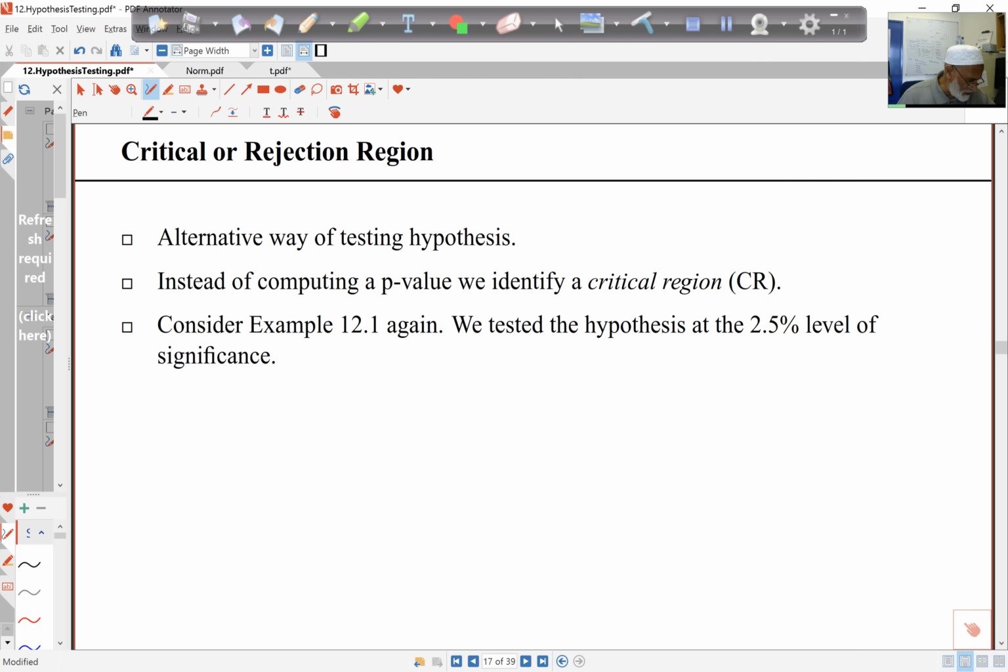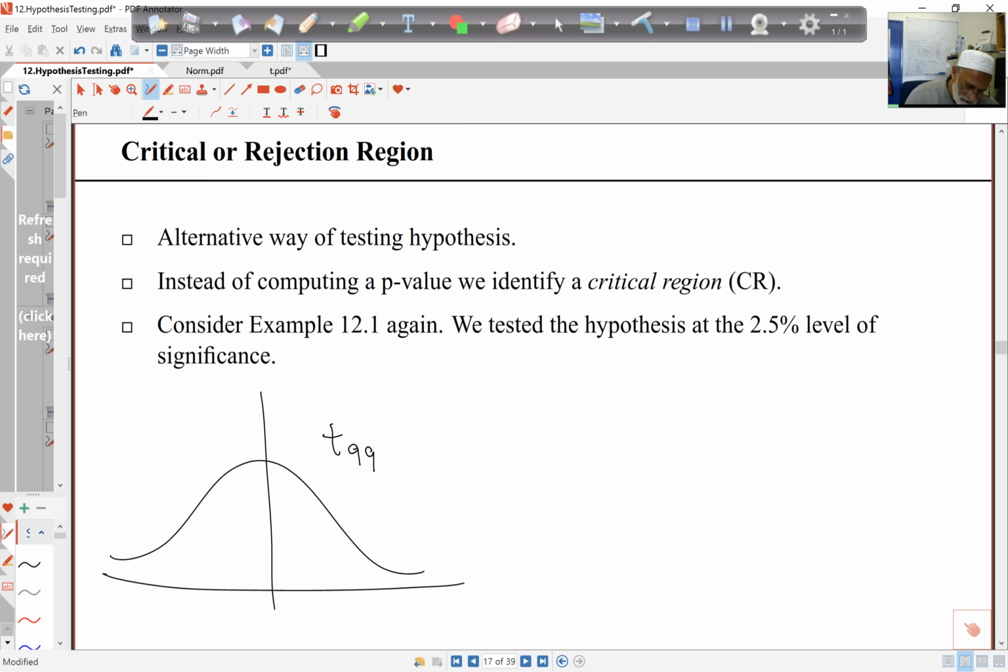So let's take a look at the example again here. If I'm looking at the critical region idea, my alpha value was 0.025. So if this is my T99 distribution, then with the probability of 0.025 in the tail, I'm going to find the value, and that comes as negative 1.984, and I again use R for this.